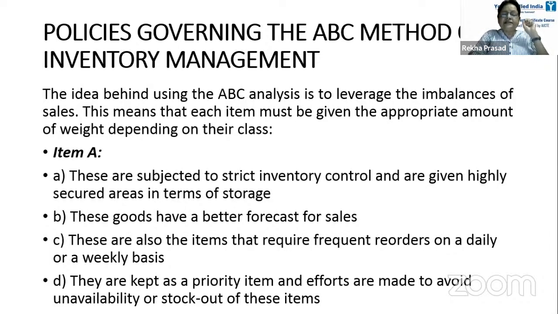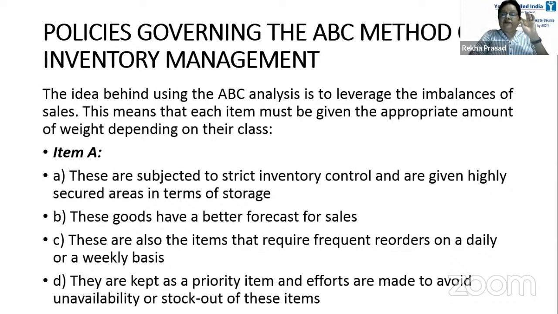Item A, these are subjected to strict inventory control and are given highly secured areas in terms of storage. ये critical items हैं, तो इनका storage भी you have to be very careful.